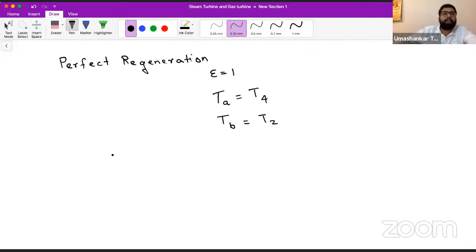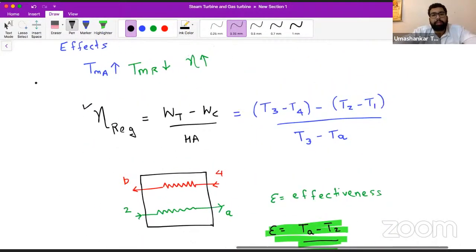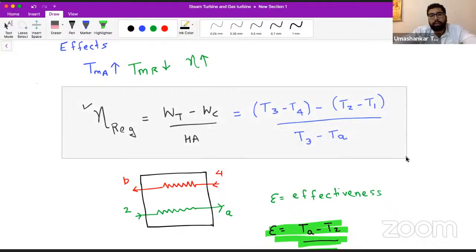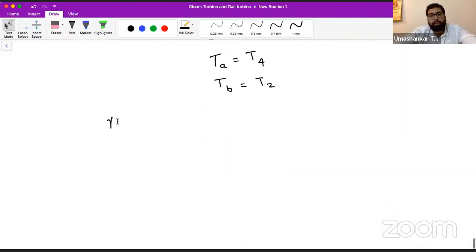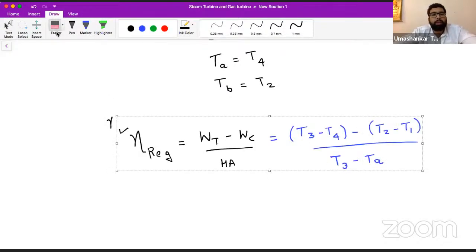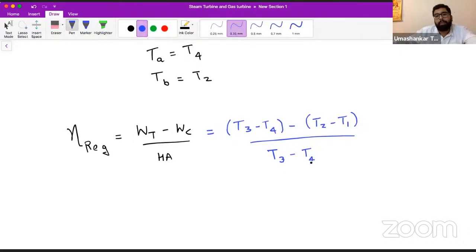So if I write the efficiency for this perfect regeneration, we should replace TA by T4.